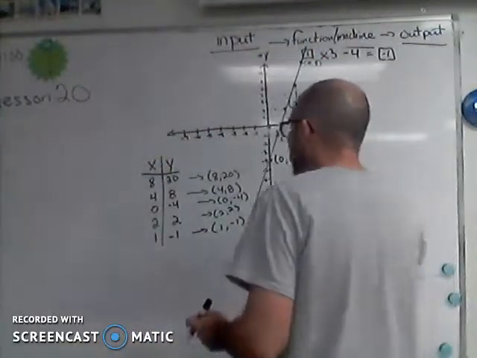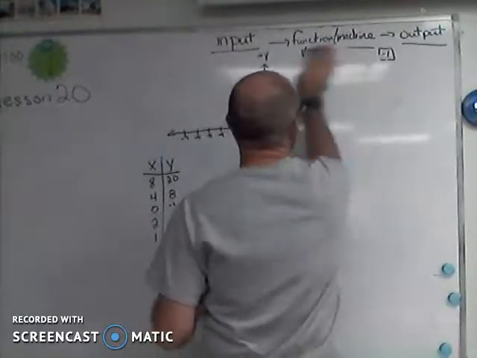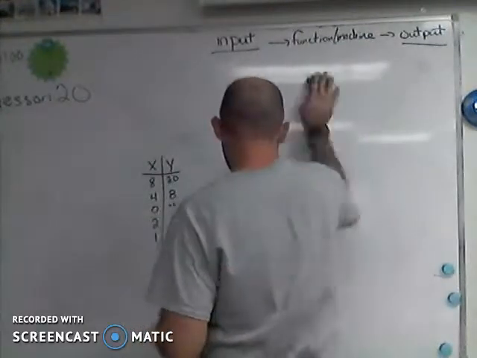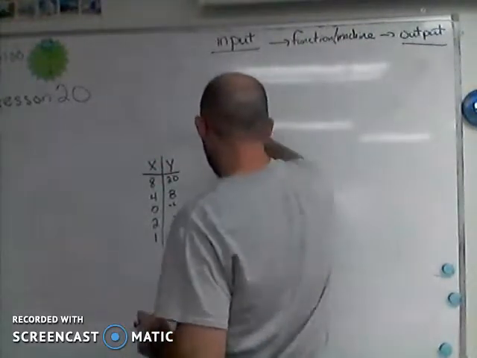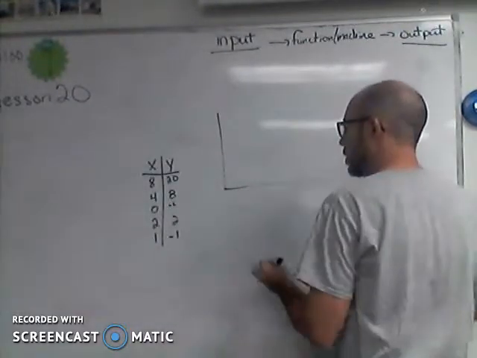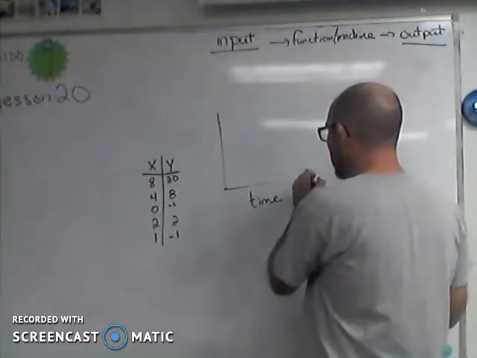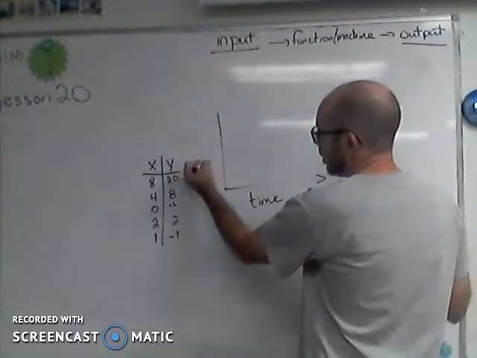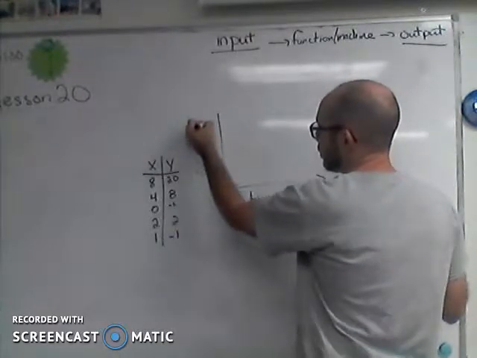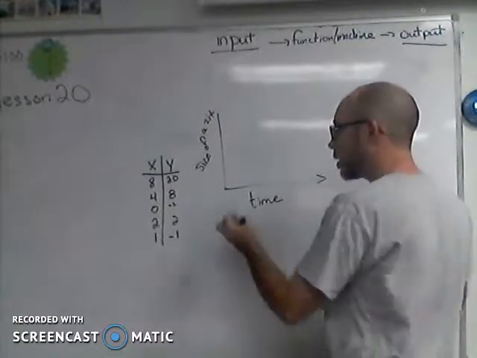Now, lines are not the only thing that can happen here. Lines are not the only type of relationship or function. Some relationships aren't even a function. We could do something as ridiculous as have time on this axis, and then the size of a zit, or the diameter of a zit, on this side.